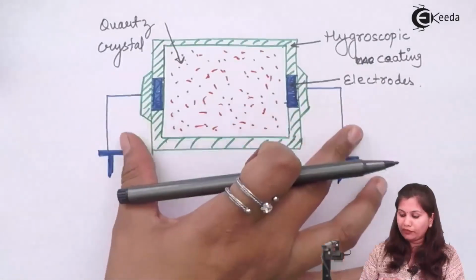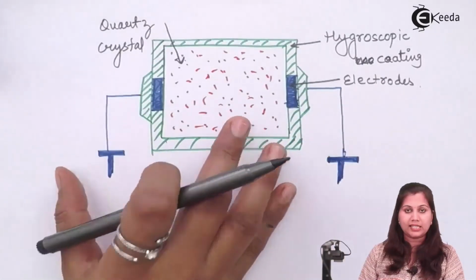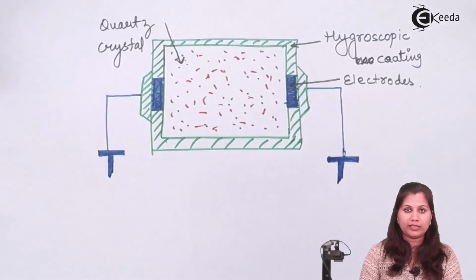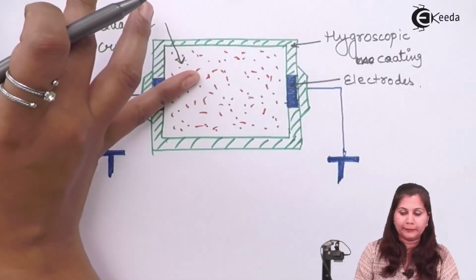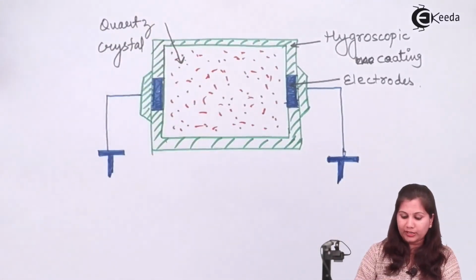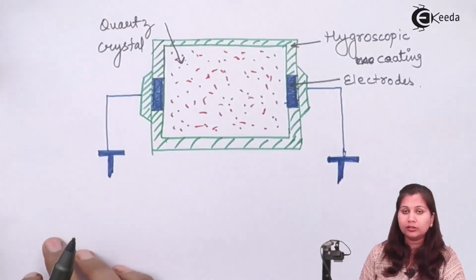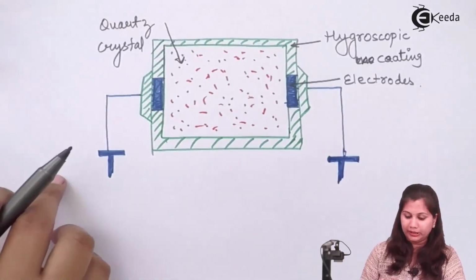With the help of these electrodes, we are connecting it in the oscillator circuit, where it is used to measure the changes in the frequency, and those changes in frequency depend upon the changes in the humidity. So this is how the crystal hygrometers measure the changes in the humidity and are used for humidity measurements.